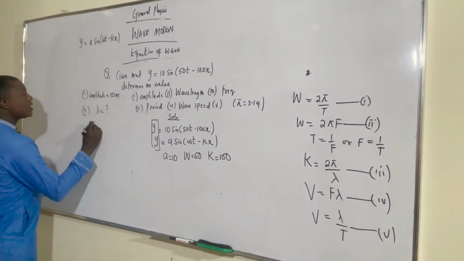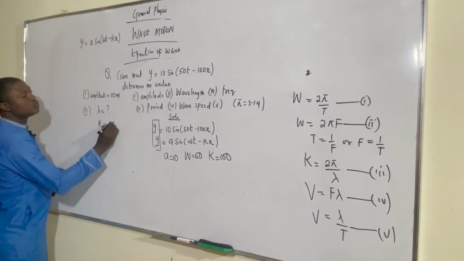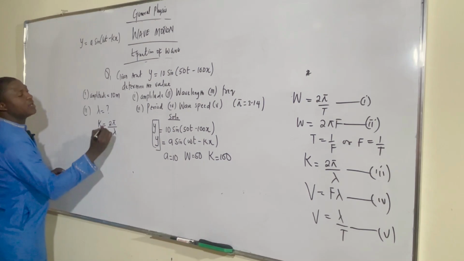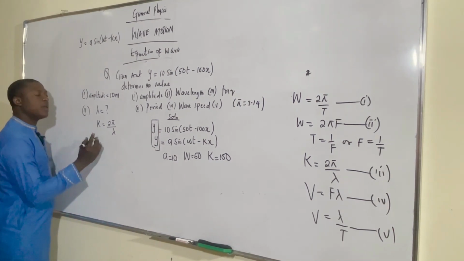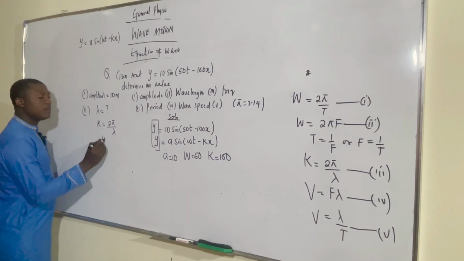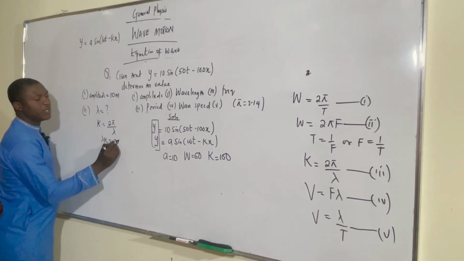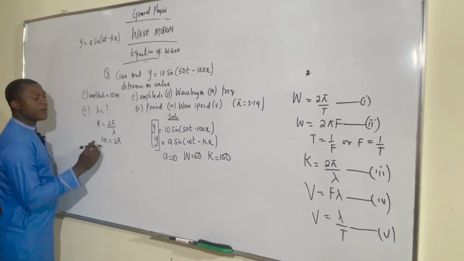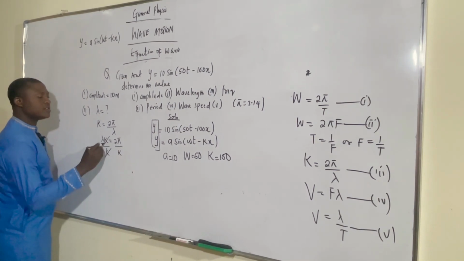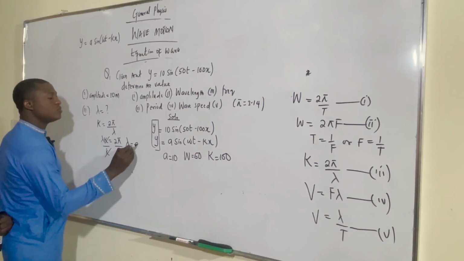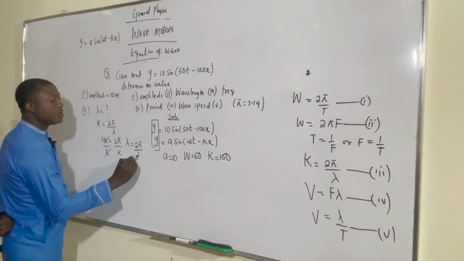So now we can have k equal to 2 pi over lambda, right? So if I cross multiply, we have lambda k is equal to 2 pi. Since I'm looking for lambda, divide both sides by k. So if this cancels this, we have lambda to be equal to 2 pi all over k.